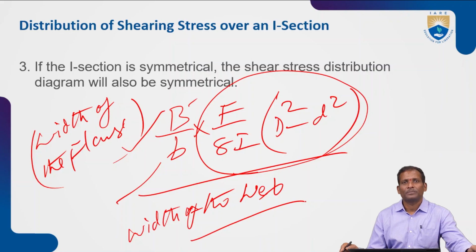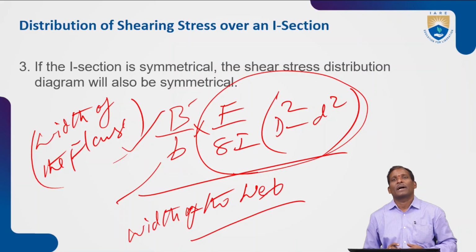So if the I section is symmetrical, the shear stress distribution diagram will also be symmetrical, about the x-axis and about the y-axis. If the I section is given like that, a symmetrical section, the stress diagram is also symmetrical. So that is the important point in this I section.